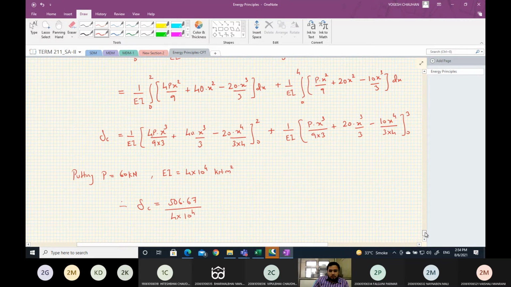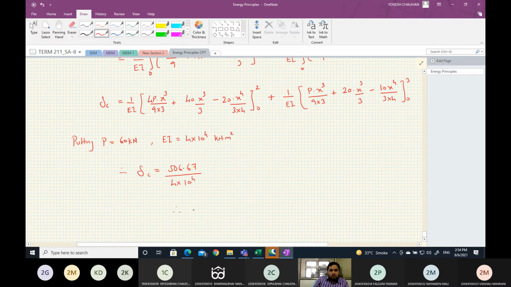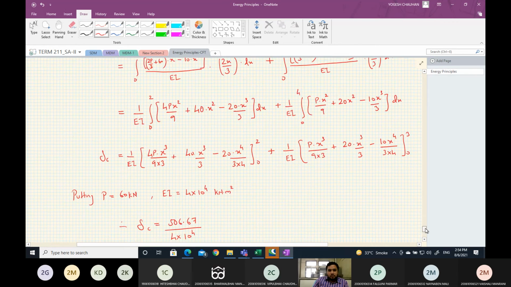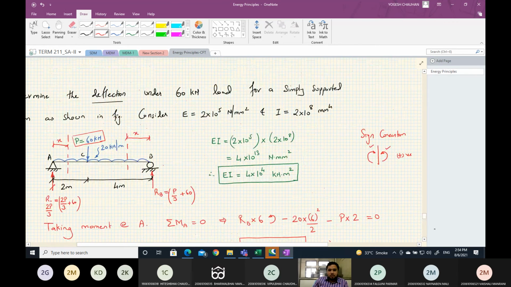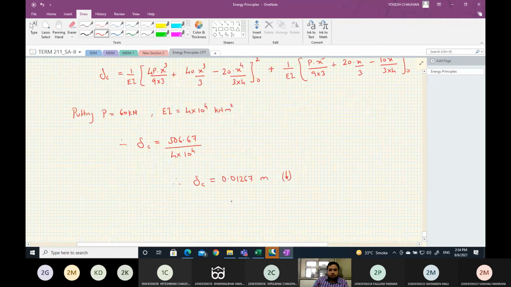So delta C is equal to 0.01267 meter, and the direction of this will be downward because your P is in downward direction. So we can write this as 12.67 mm downward.